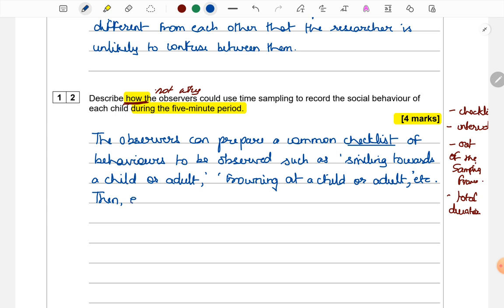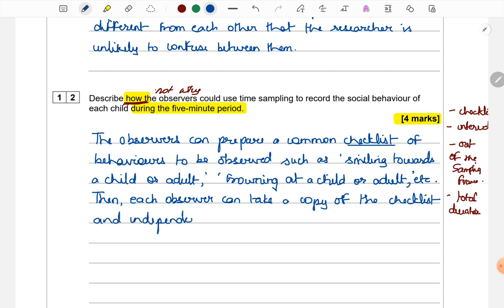So then each observer can take a copy of the checklist and independently observe the behaviors of each child.